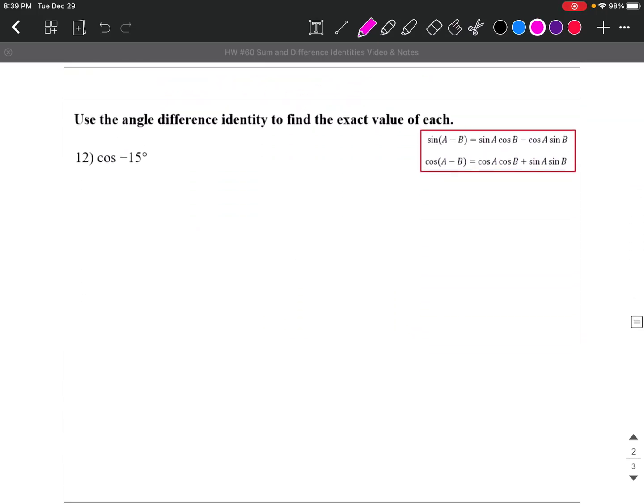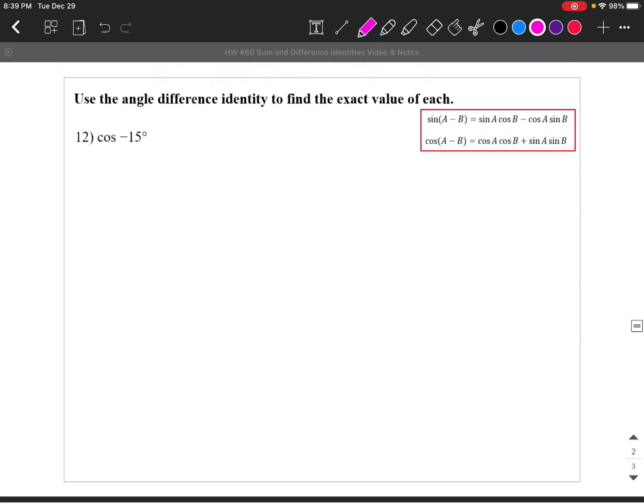Now, let's look at the angle difference identity. So now we're looking to subtract two angles, and I'm going to put parentheses there. When there's a negative angle, we should have parentheses around that. So we need two angles, preferably special angles, that will subtract to give me negative 15.